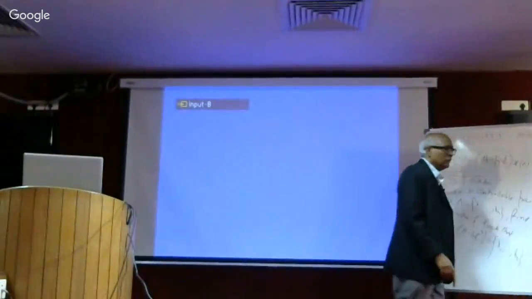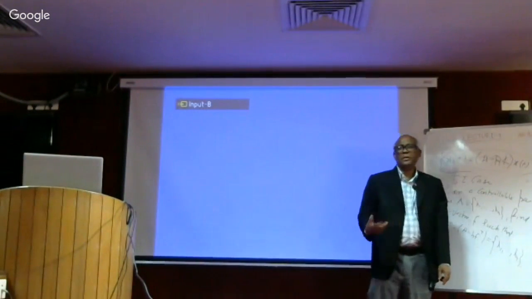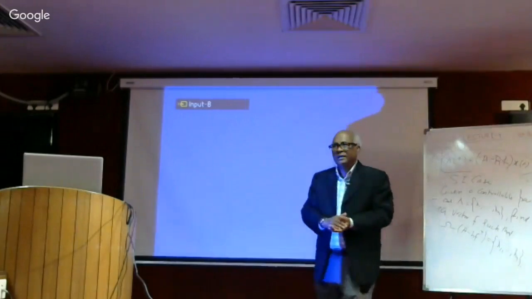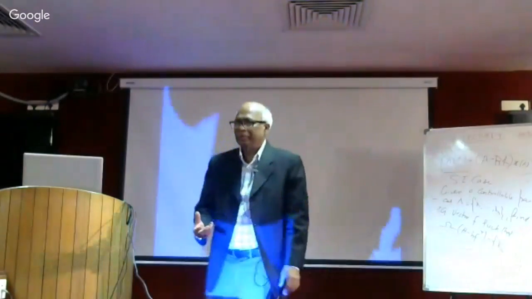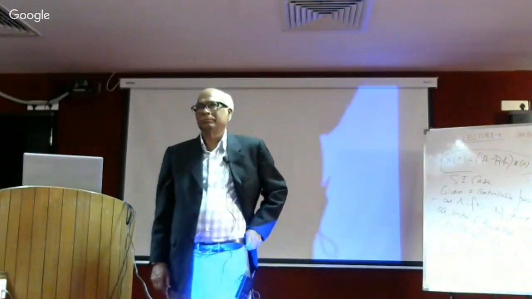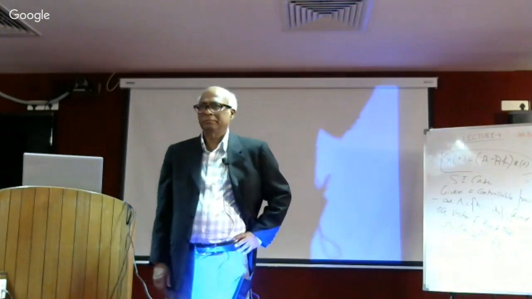Instead of computing the matrix de novo from the start, we are trying to modify the matrix A, either A minus PK or A plus PK, in such a way that the modified matrix will have a desired spectrum. Is it clear?